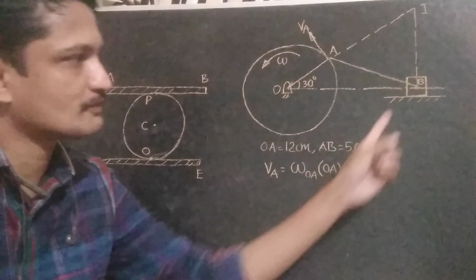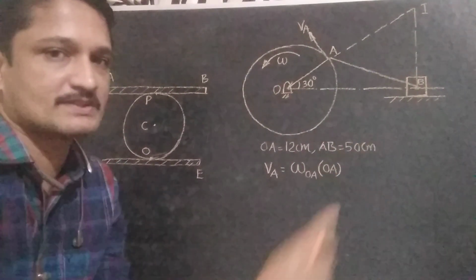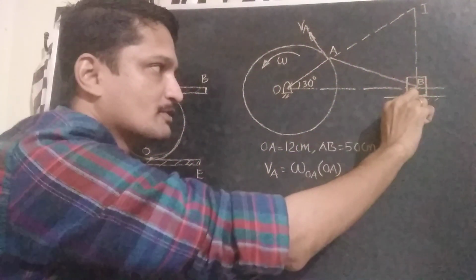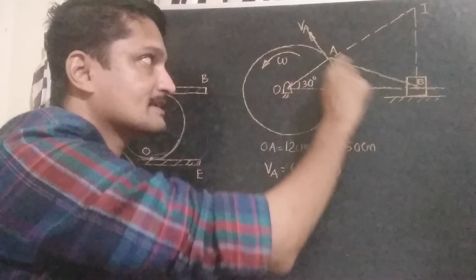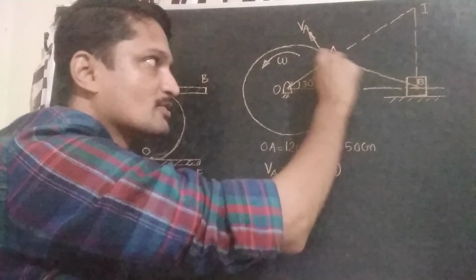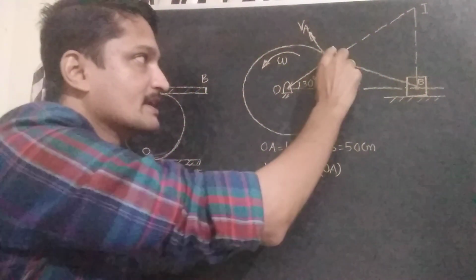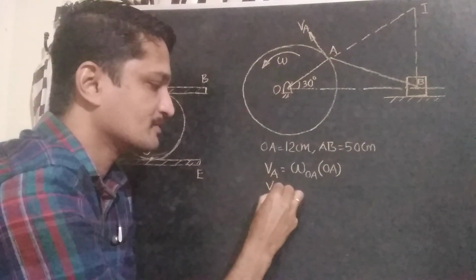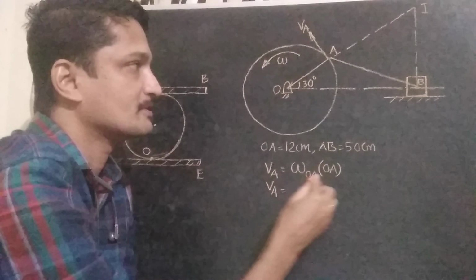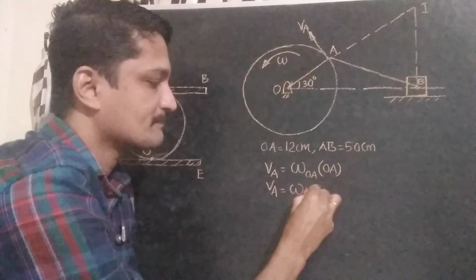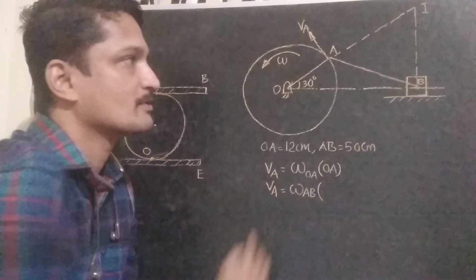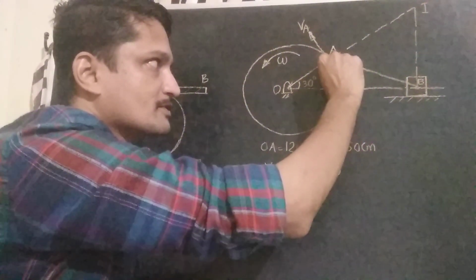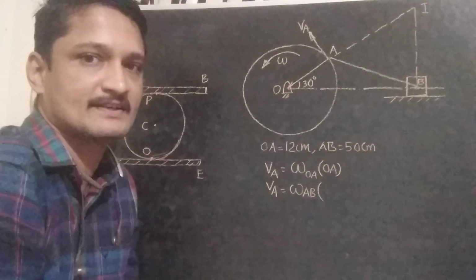Next, the velocity of the piston. The velocity of the piston is always in the horizontal direction. When we consider point A in the connecting rod AB, then the velocity of A is equal to omega AB into the distance of that point from the instantaneous center.